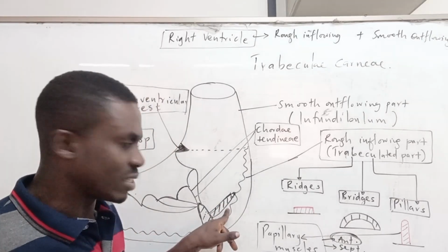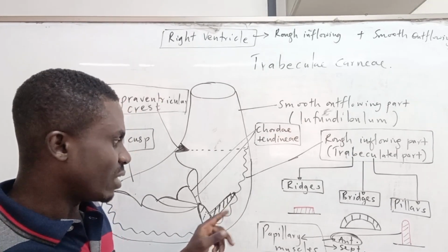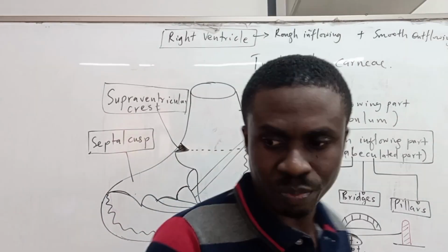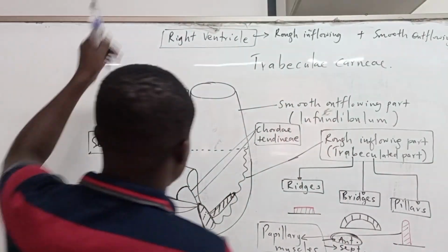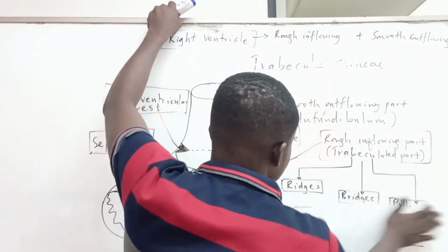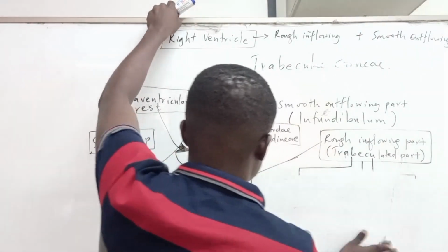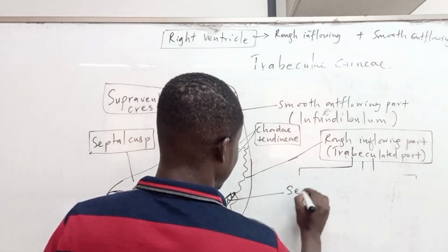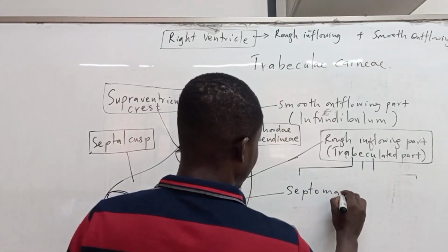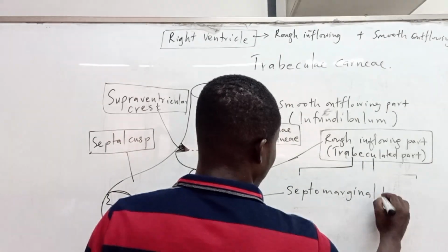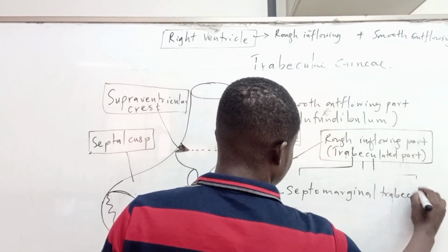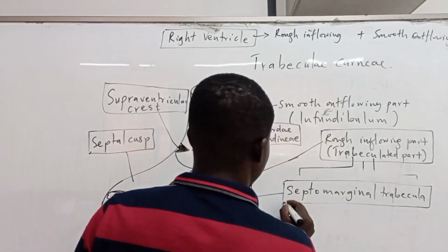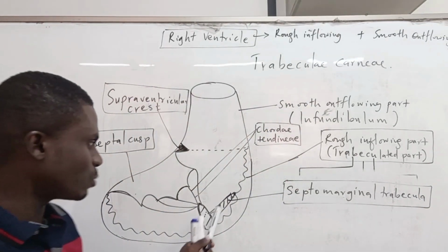There's a space beneath it. This is something we call the septomarginal trabecula. It's a bridge because there's a space beneath it.